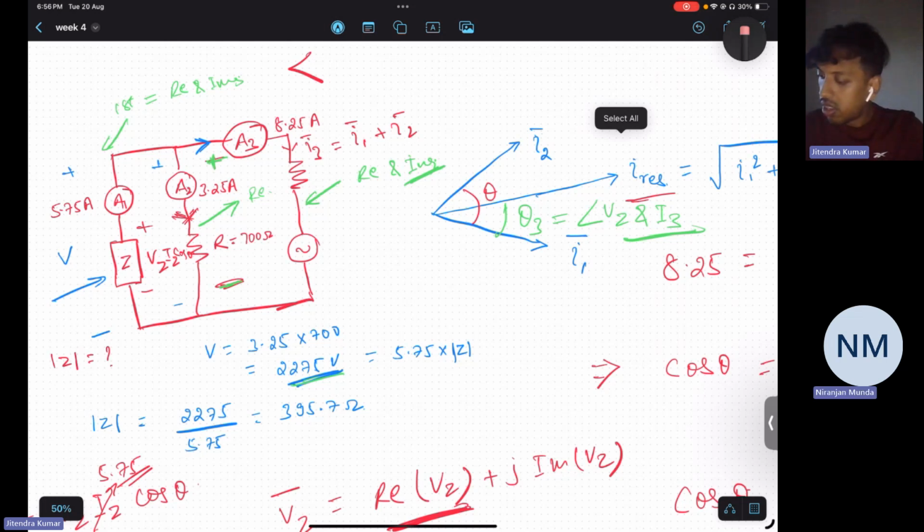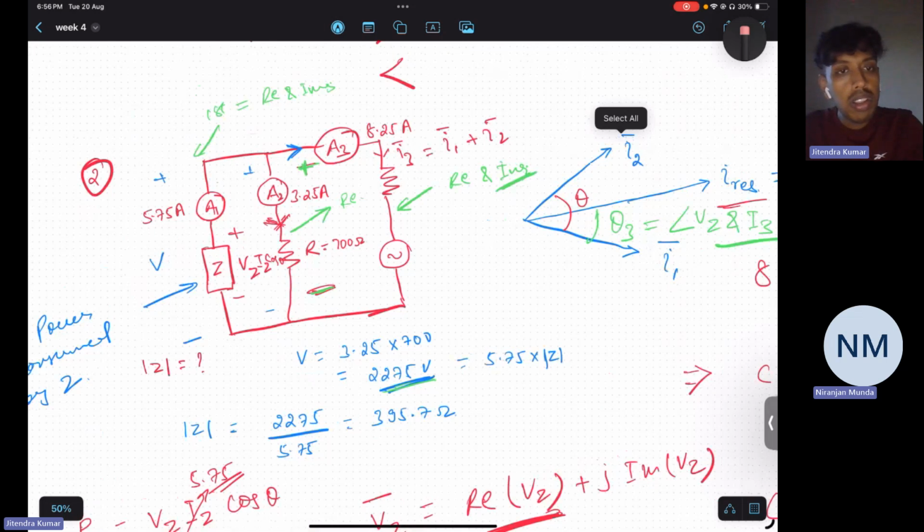Sir, you could have said V3 also, sir, I mean, V is the same across all the branches. Yes, yeah. So I just wrote Vz to specify which voltage.